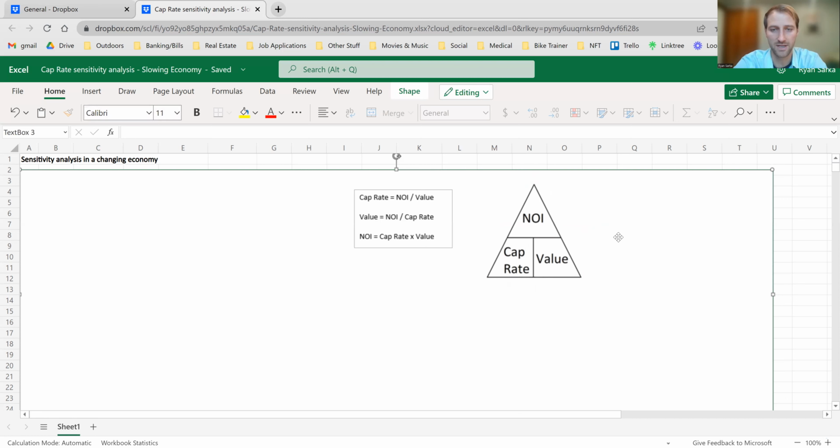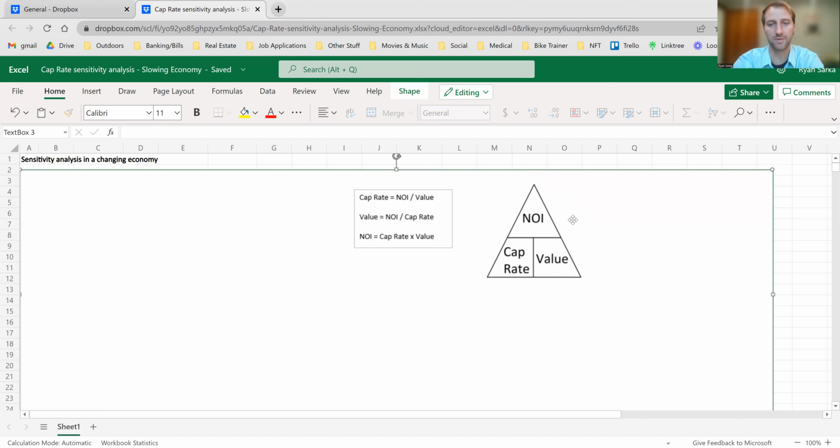If I look at my triangle, I have my cap rate here. Solve for cap rate, you get NOI over value. Same thing. Then if I'm solving for value, I have NOI, net operating income, over my cap rate. And if you want your NOI, that would be your cap rate times your value.